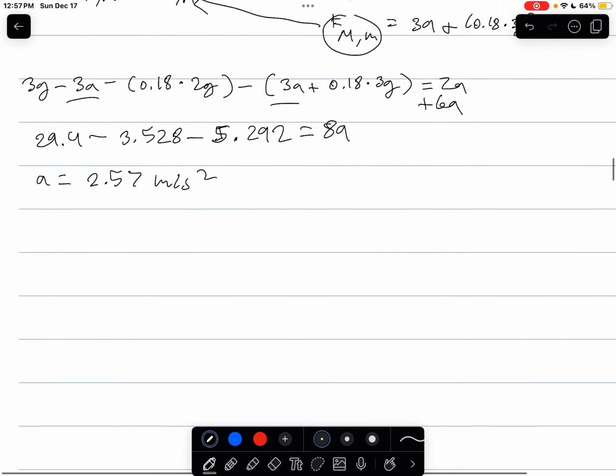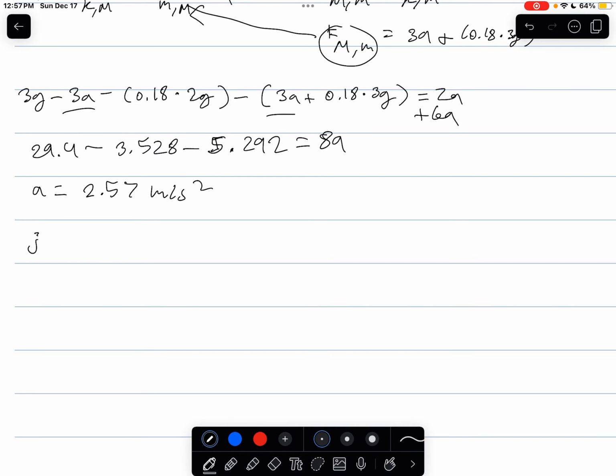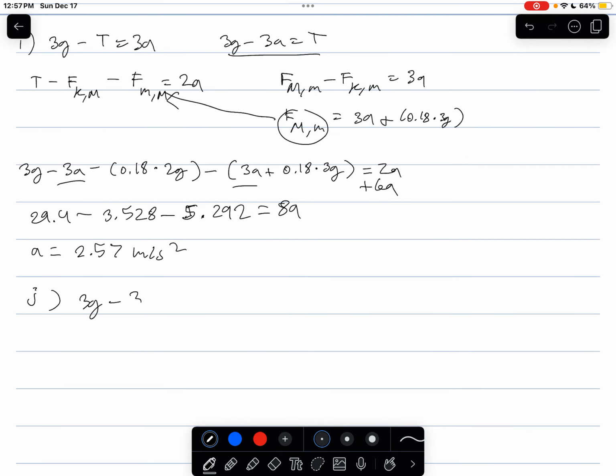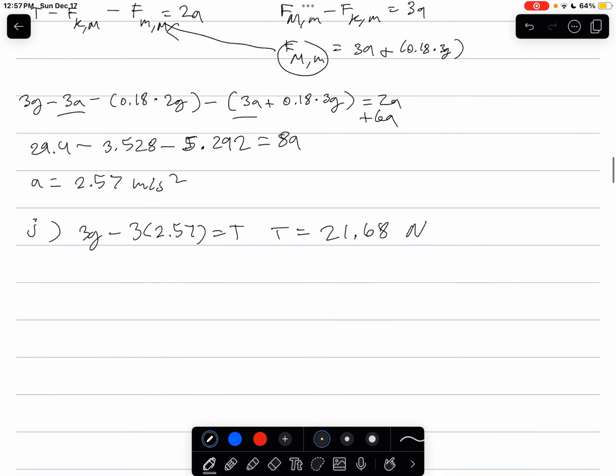meters per second squared. Part J, I'm just going to use the equation I did here to solve for T. T should be equal to 50. Oh, sorry, hold on. It should be equal to about 21.68 newtons.